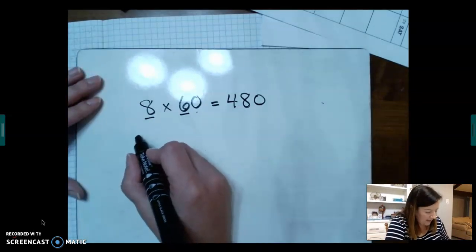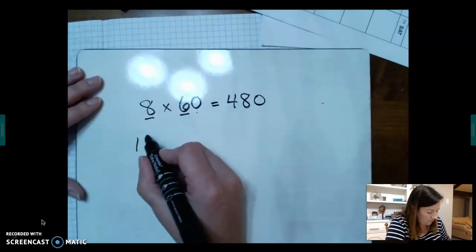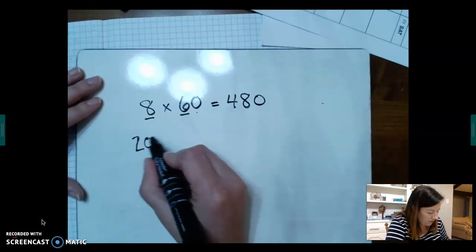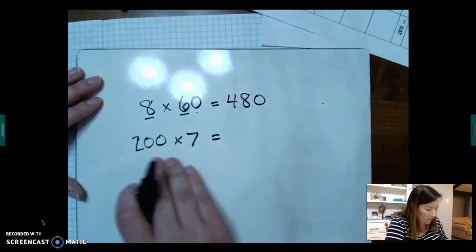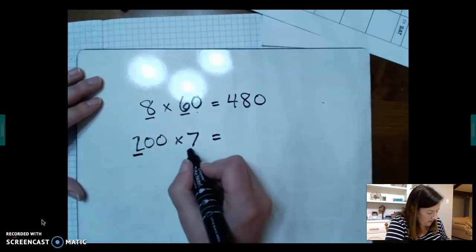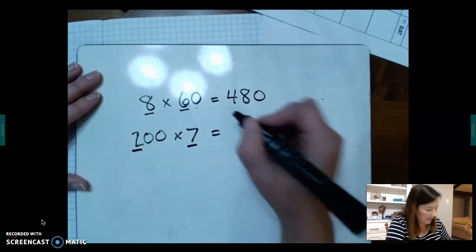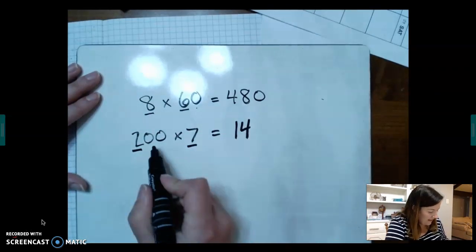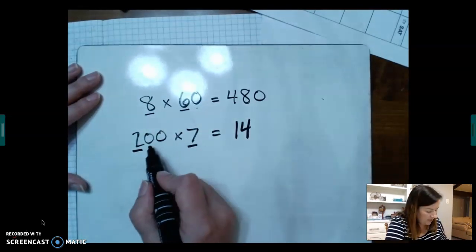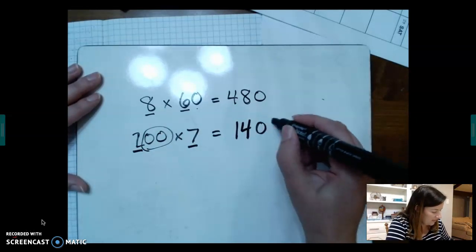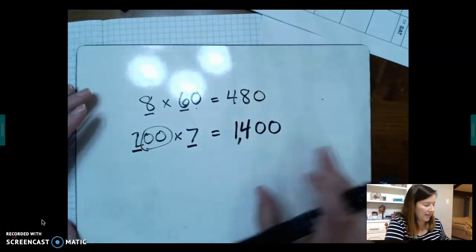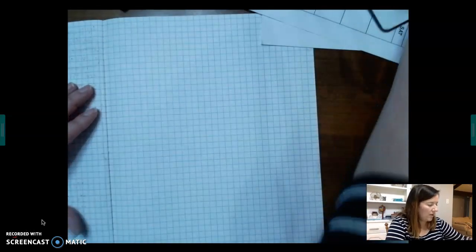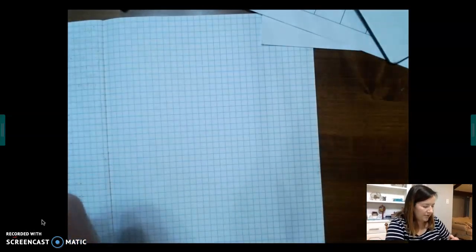So let's say it's 200 times 7. Okay, ignore the zeros. So 2 times 7 is 14. And then how many zeros do I have in the equation? 2, so I need to add 2 zeros back in. 1,400. So that little trick is going to come in handy when we are learning about area models.